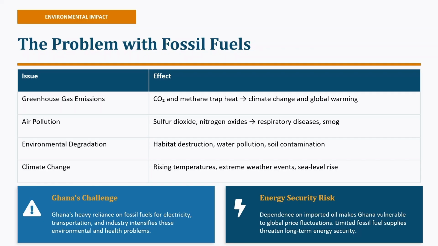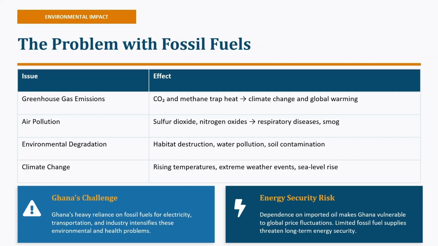So these are some of the environmental challenges of using fossil fuels, and hence the need to find an alternative source of energy apart from these fossil fuels.